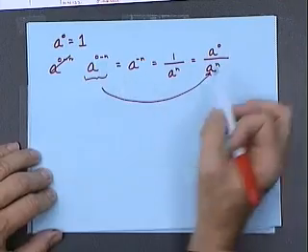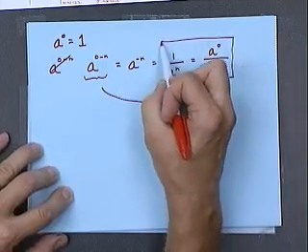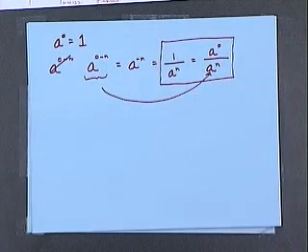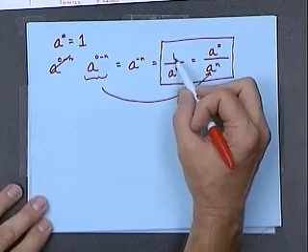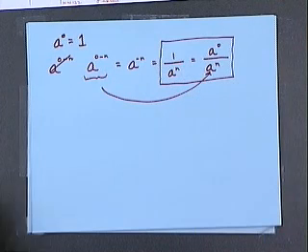So a to the 0 minus n is a to the 0 over a to the n. I think there's your equation that validates it. The denominators are the same. If those two fractions are the same, the numerators better be the same. So a to the 0 better be equal to 1. So there's a couple of good ways with existing properties we can justify that a to the 0 is in fact 1.